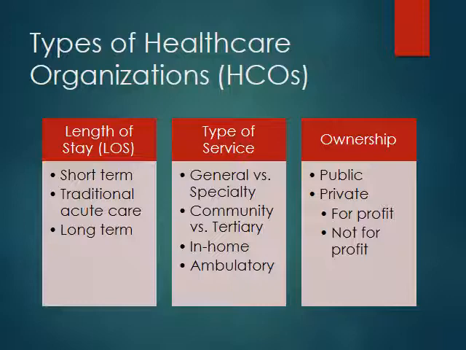A for-profit HCO may be owned by a single individual, a small group, or it can be a big publicly traded company with shareholders and a board of directors. Most physician practices and long-term care facilities are for-profit, and some hospitals are too, such as those owned by HCA or Merit. Many organizations are nonprofit. About 2/3 of hospitals fall into the nonprofit category.